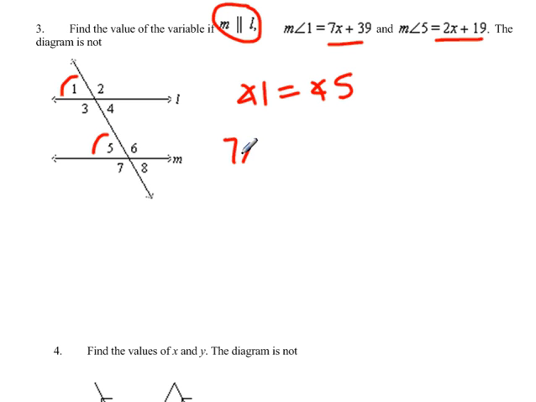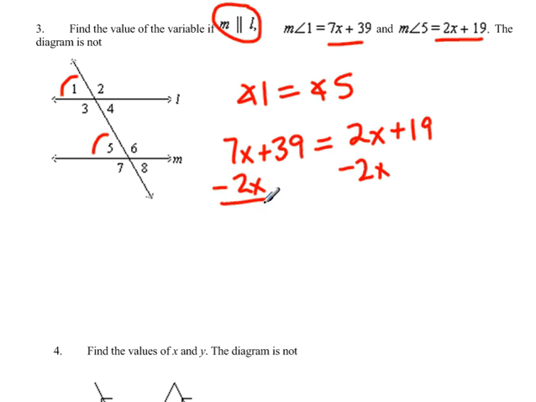Angle 1 is 7x plus 39. Angle 5 is 2x plus 19. All I did is substitute them in. Now we solve for x. I'm going to do 2 steps at once. All the way across, I'm going to subtract 2x from both sides. That gives me 5x.